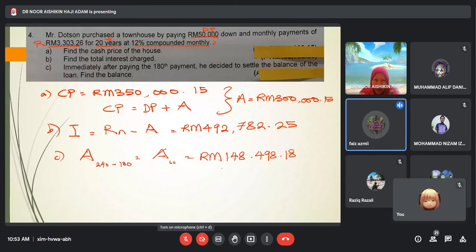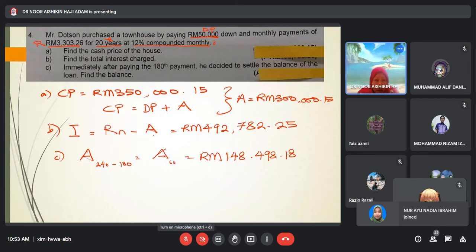Doktor, nak tanya yang B tu ada yang 3303.26 darab 240 kan? Ni, yang B. Ya, okay. Lepas tu tolak 350,000.15 tu. Salah ke?